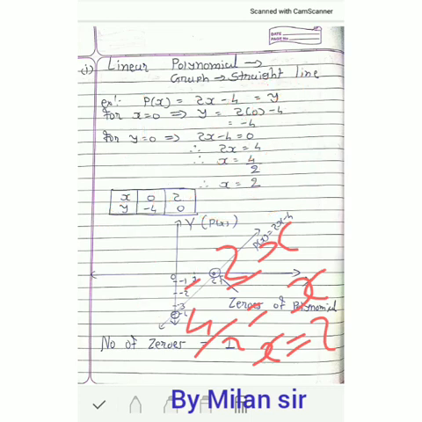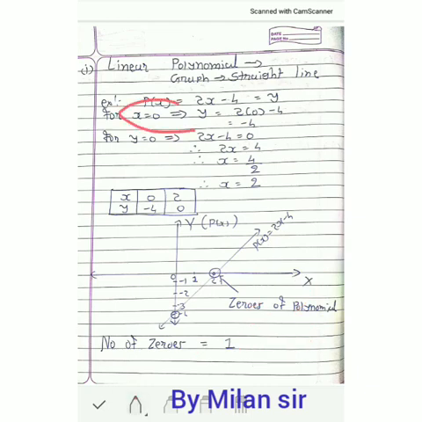So we get 2 points from here. The first one, x = 0, y = -4, and the second one, y = 0, x = 2. If we put x = 0 and get y = 0, then we need to take a different value here.